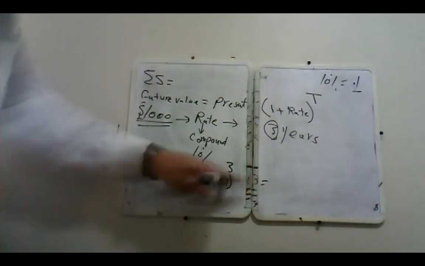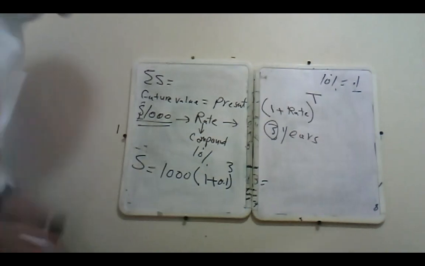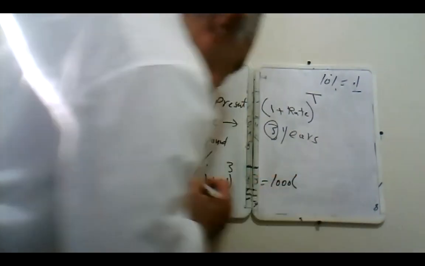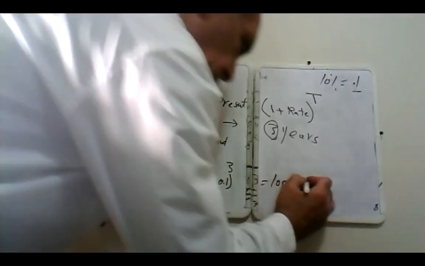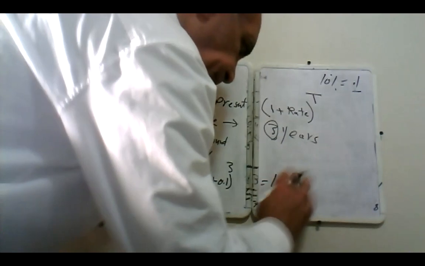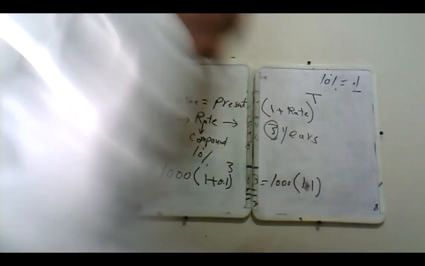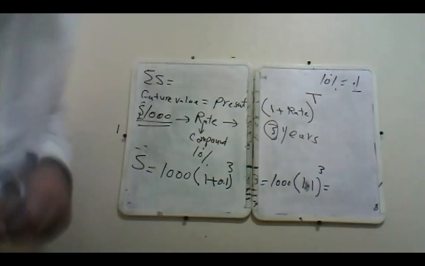How do we do this calculation? This will be $1,000 multiplied by 1.1 to the power of 3, since 0.1 means 1.1. How will you do this on your calculator?